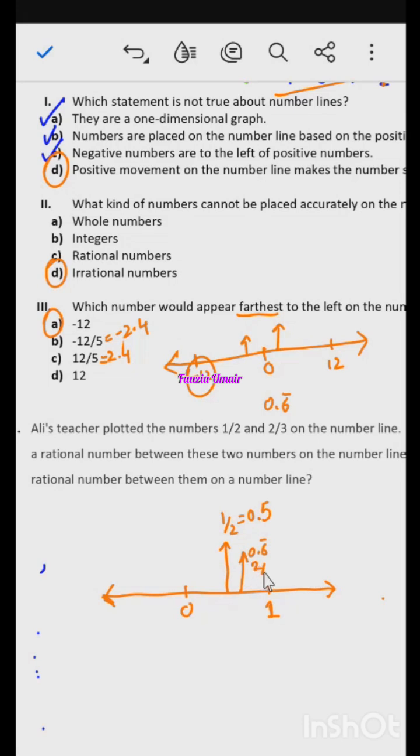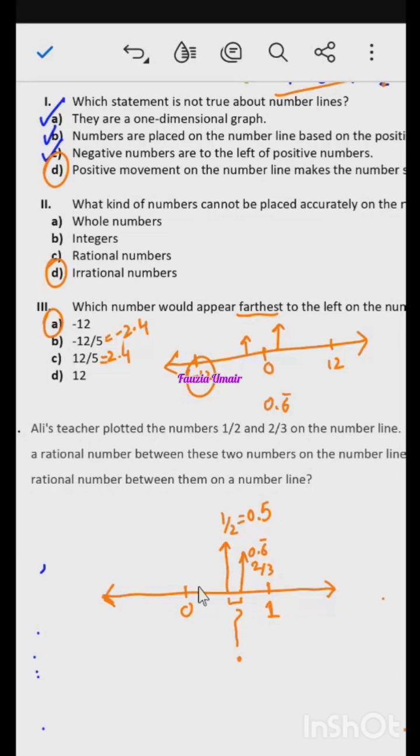So now can you tell me any rational number between these two? Can you tell me any rational number between 0.5 and 0.6? Anyone? So I want answers from multiple students.